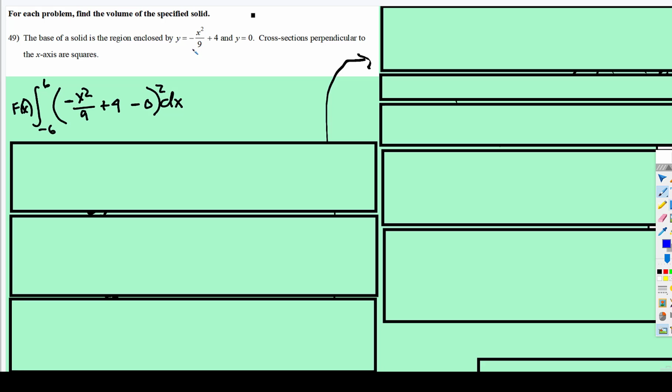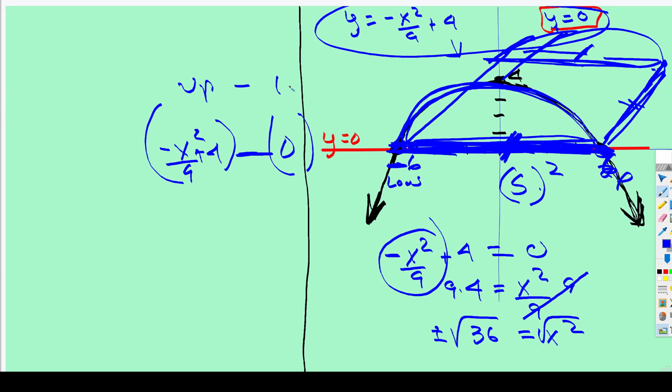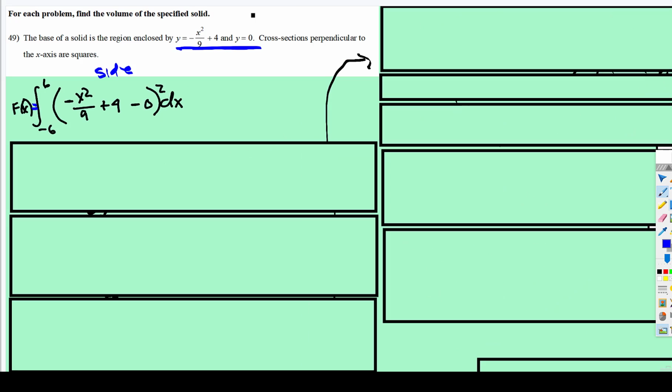So the side is negative x squared over 9 plus 4, subtract 0. So f of x is equal to the integral from the lower bound negative 6 to the upper bound 6, and then you've just got the sides. This thing right here represents this side. This function, subtract the horizontal line function. The upper subtract lower. That's all we did here.